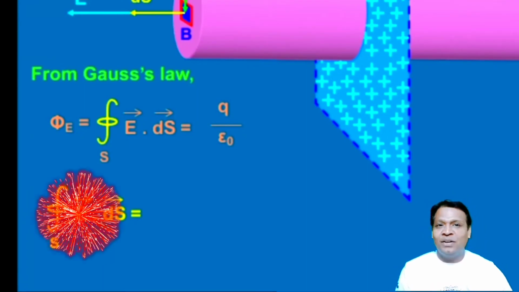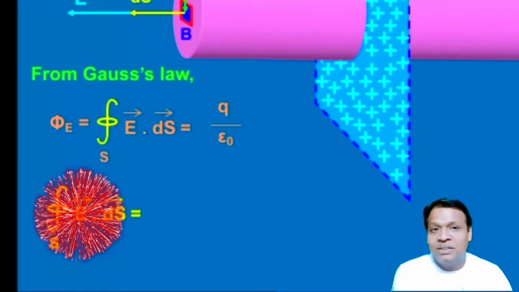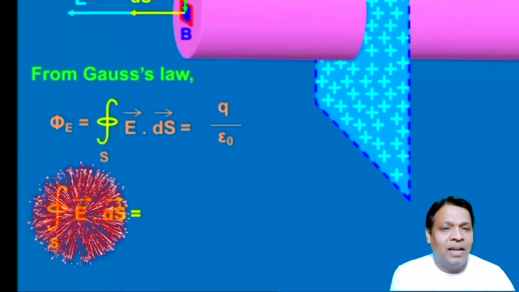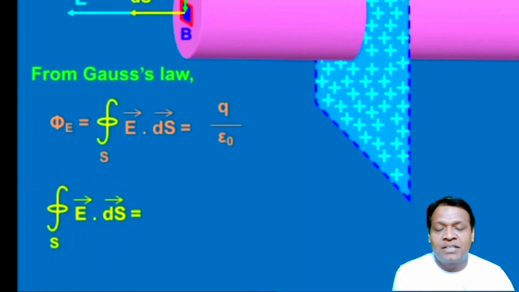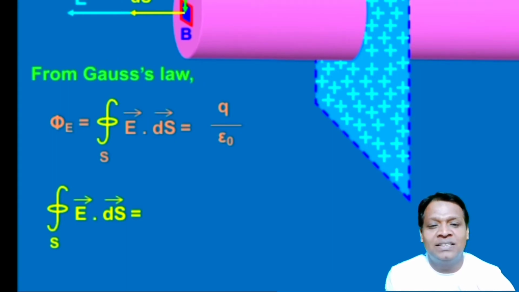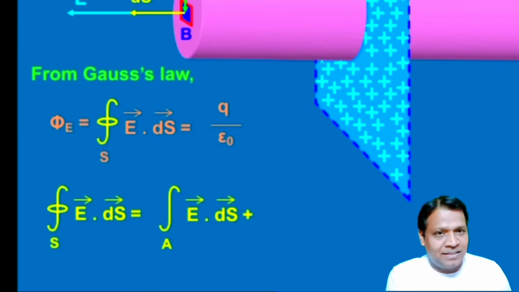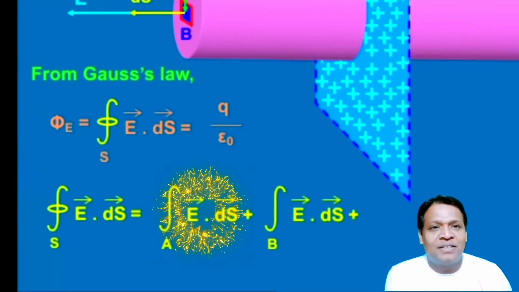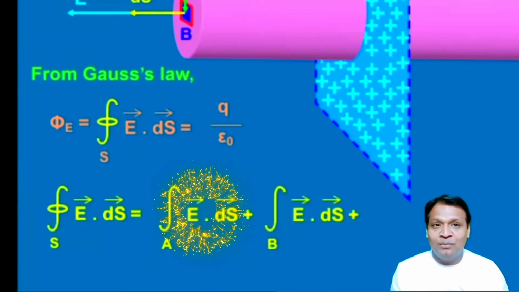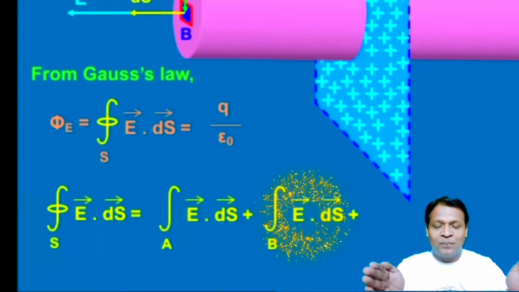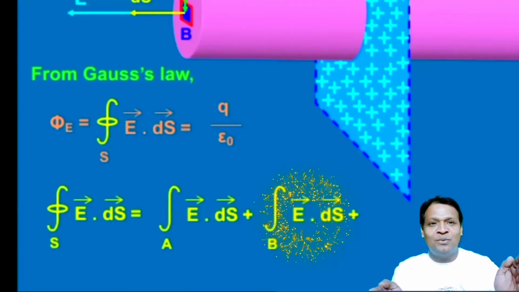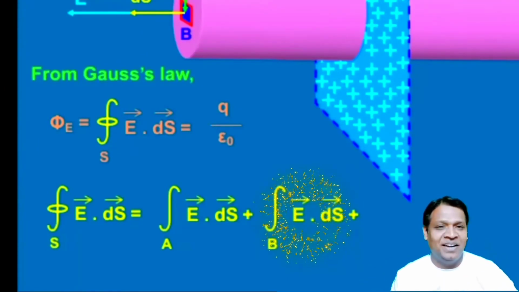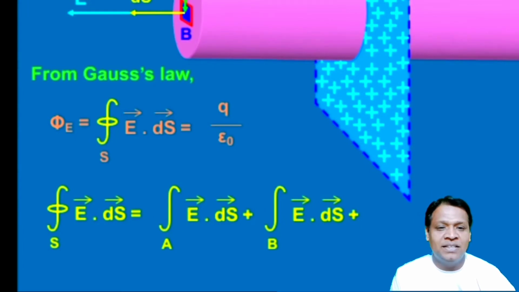As you know, we have already chosen the three points A, B and C. So the net flux will be given as the sum of all these: E dot ds for the face A, E dot ds for the face B. Now these two are the flat parts, and one of the most important is the third one, E dot ds for point C.